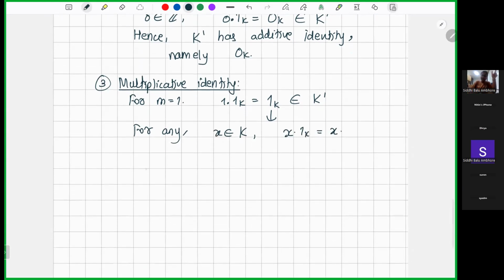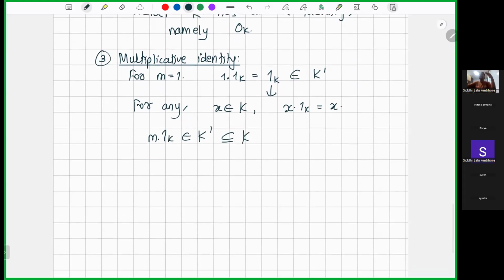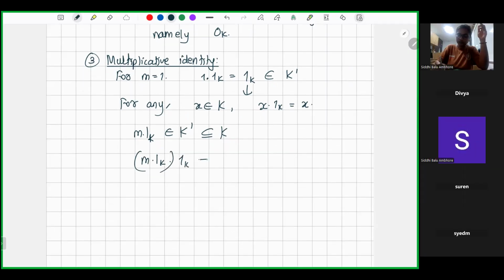But now I'm taking elements of the form m into 1k in k dash, and these are also elements of my original field k. And this m1k into this 1k will anyway give me m1k, because now I'm looking at multiplication in k.